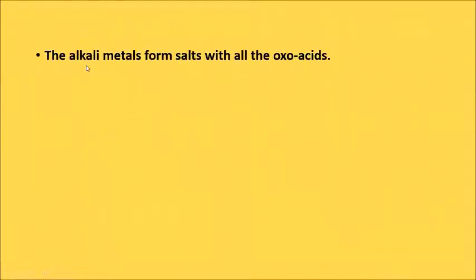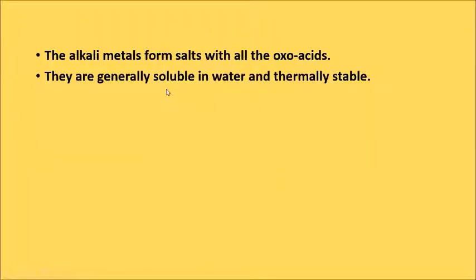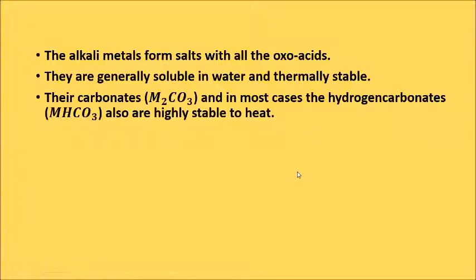Now let's see that the alkali metals form salts with all the oxoacids. They are generally soluble in water and thermally stable. The carbonates, that is M2CO3, and in most cases the hydrogen carbonates, that is bicarbonates, are highly stable to heat.